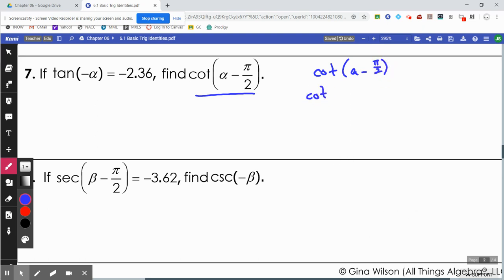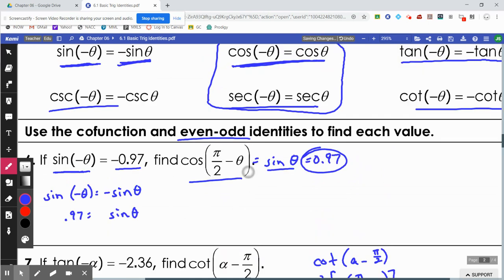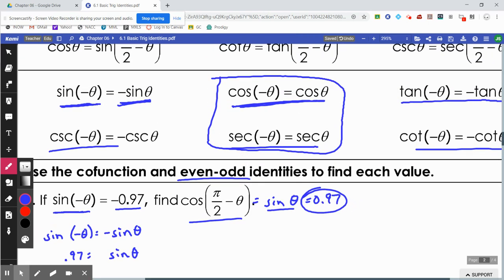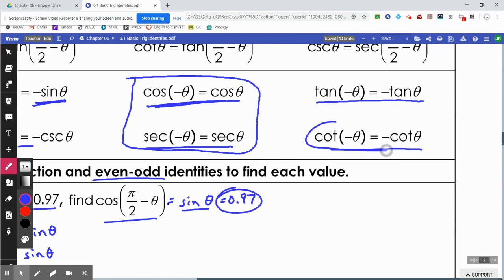We're going to write this as the cotangent of, in brackets, negative, in parentheses, pi over 2 minus alpha. When I factor that negative out, it flip-flops the stuff inside the parentheses. Now wait a minute, I've got the cotangent of a negative. Let's go up and look at our even and odd identities. The cotangent of a negative, right here.